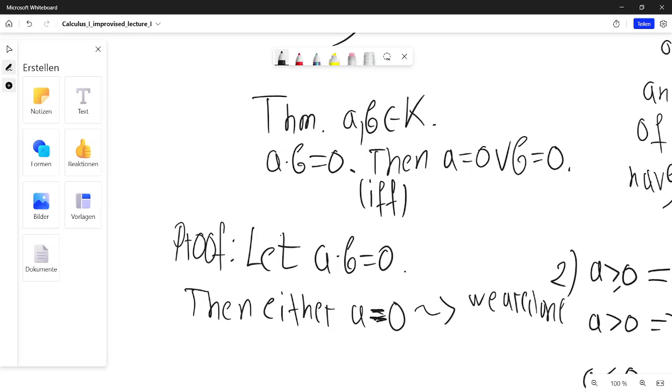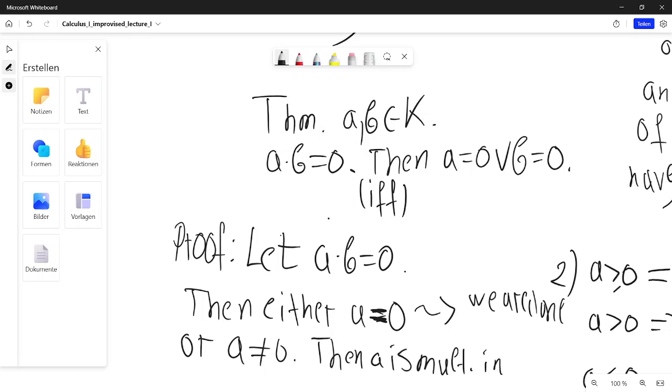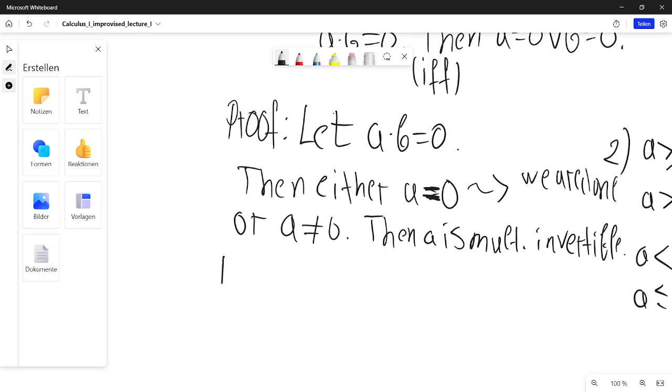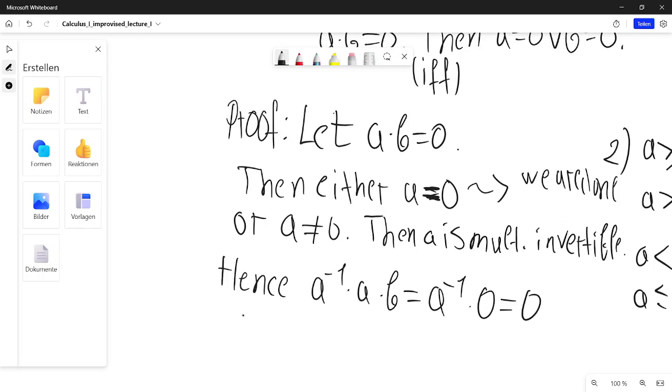And that is a dichotomy: a is equal to 0 or a is not equal to 0. Then a is multiplicatively invertible, and a^-1 times a b equals a^-1 times 0, and that is equal to 0.